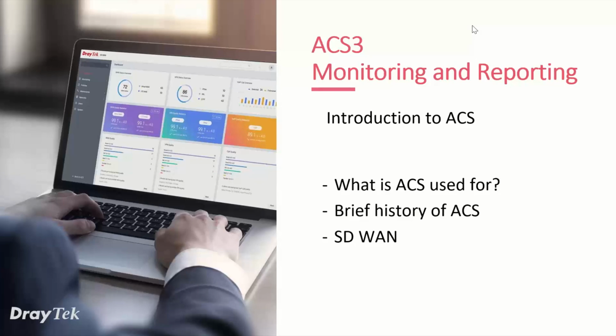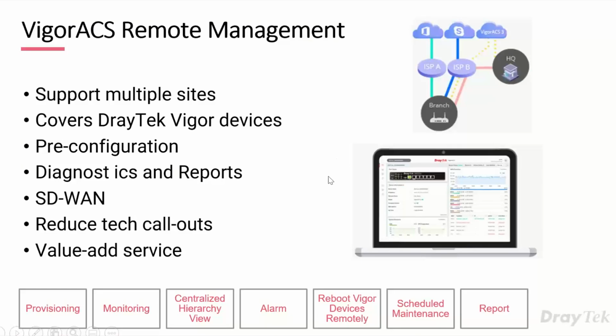Let's quickly have a look at what ACS is used for, a brief history of ACS, and also some notions of SD-WAN. I'm pretty sure everybody here knows what ACS is, but just to reiterate, ACS is a cloud-based management solution that can be accessed from anywhere, and there is no theoretical limit on how many devices you can manage from there.